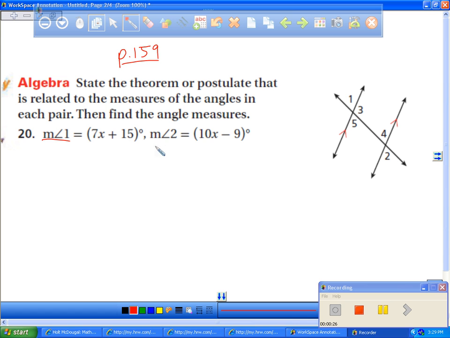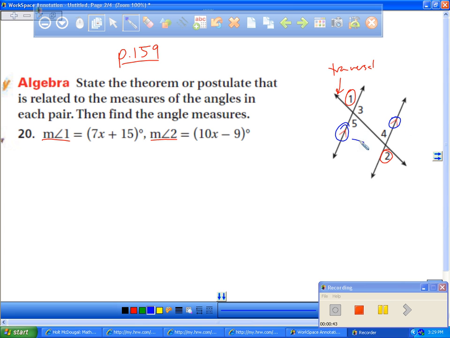So let's look at angle 1 and angle 2. If this was the transversal, then that would make these the parallel lines. And by now you should know that the arrows here represent that they are parallel lines.